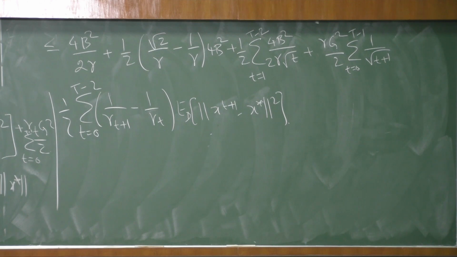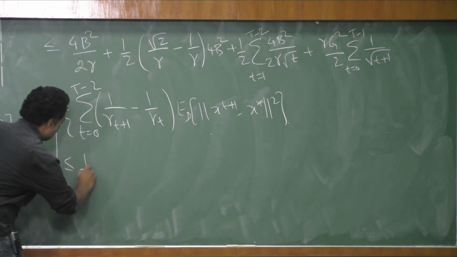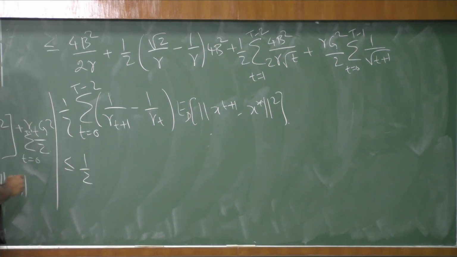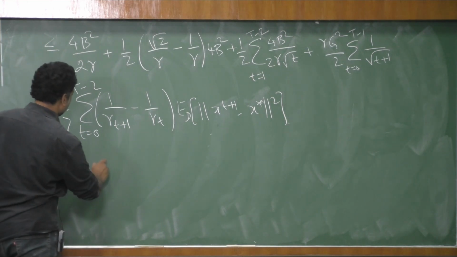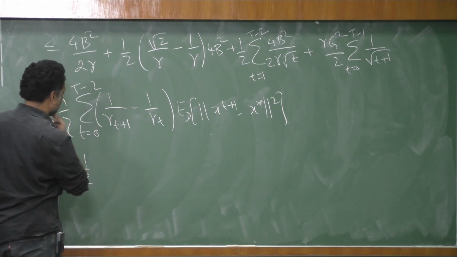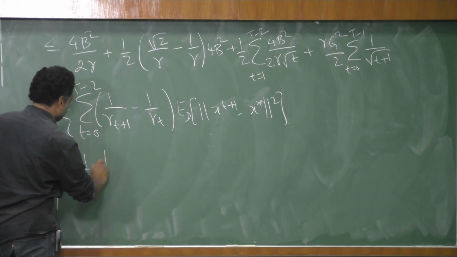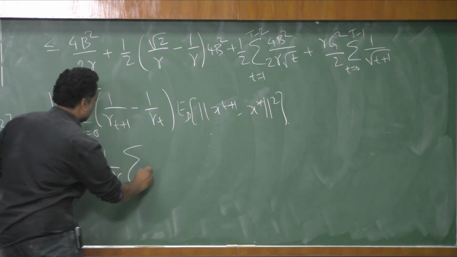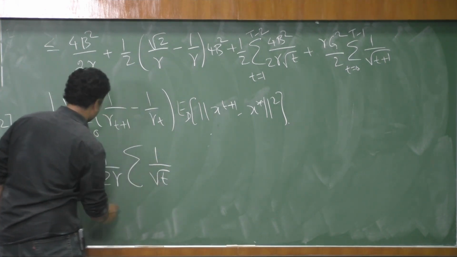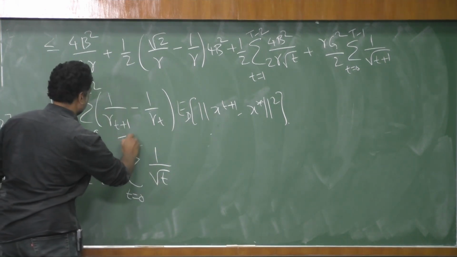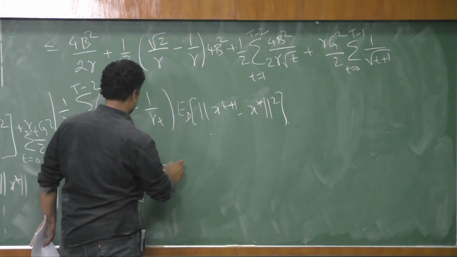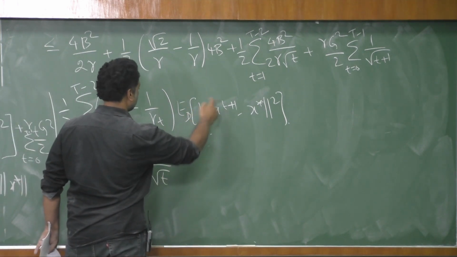So this is less than or equal to half and 1 by 2 gamma square root of t. So 1 by 2 gamma and 1 by square root of t remain inside because it's the sum over t. And this guy is less than or equal to 4b squared.